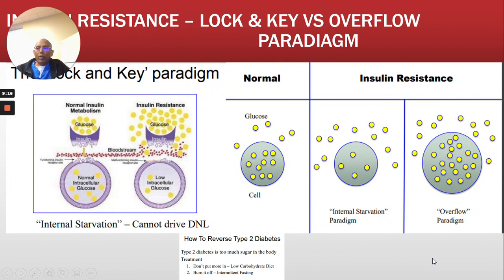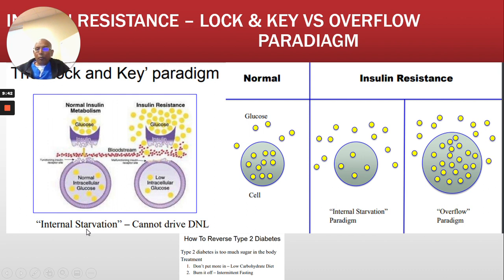Normally, when there is a problem, we are told there is a lock and key mechanism wherein the glucose is not able to enter the cell because the receptors are not working, so there is more glucose outside and low glucose intracellularly. They call it internal starvation.